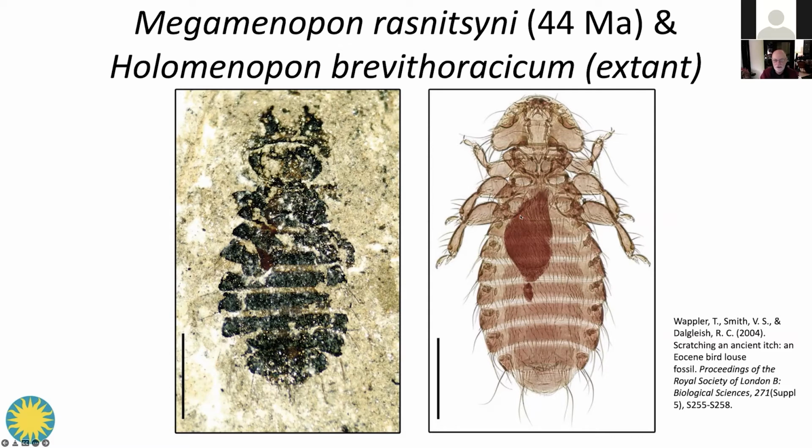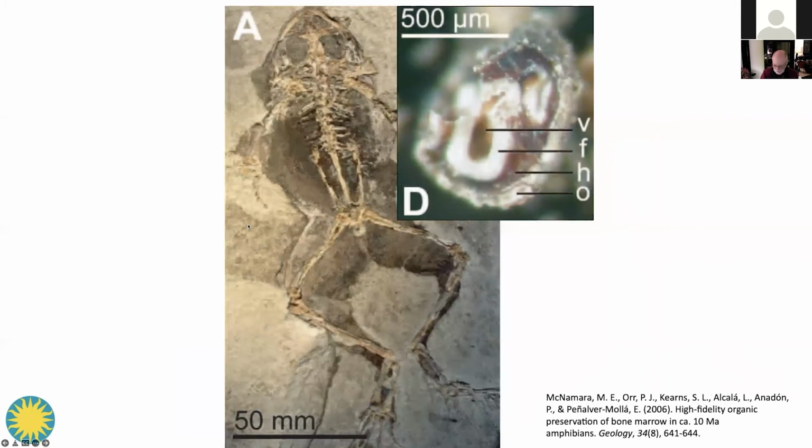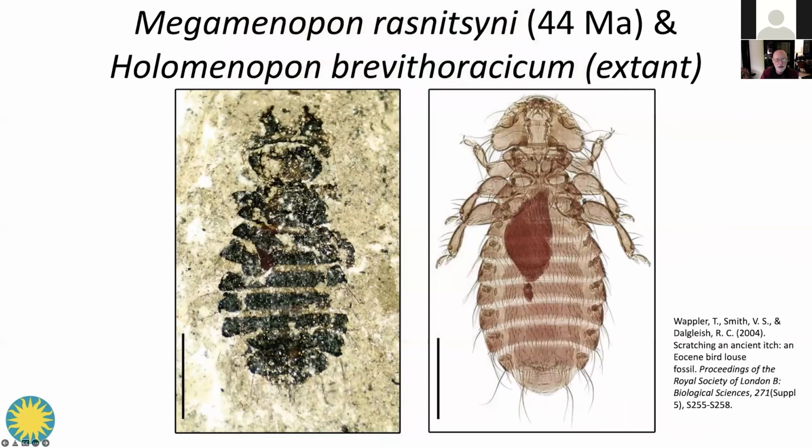And of course, many lice live by sucking blood, and the stomach can become full of blood. And the scientists concluded that, in fact, what they had here was the fossil of a louse after a blood meal. Unfortunately, they didn't try to determine if there were any ancient blood molecules in that specimen.